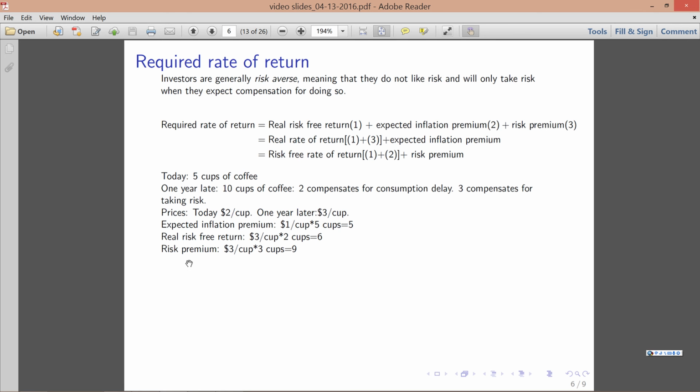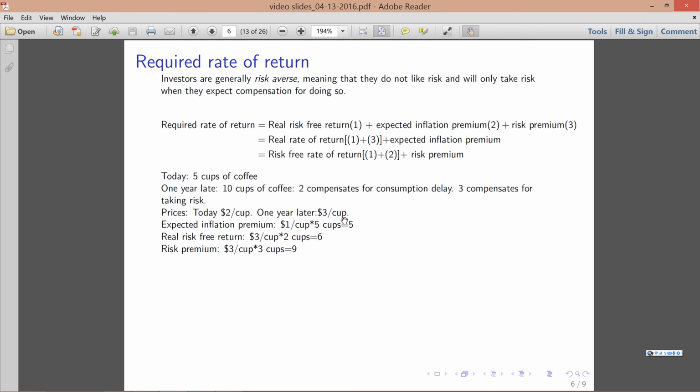Okay, and another part is the risk premium, right? So we need 3 cups times $3 per cup, so we need an additional $9 to compensate for the risk. Obviously here we're using dollar amounts. If we transform this into percentages, this is $5 divided by the initial investment of $10, so that's 5%, 6%, and 9%.